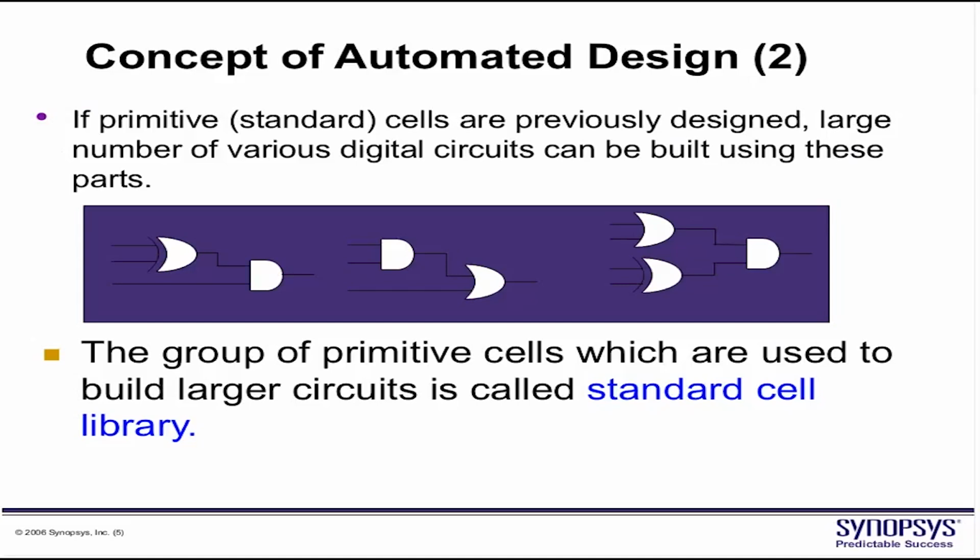That is, we have a library which contains all these cells, and we have the functional description of these cells. We have the timing specifications of these cells. We have the layout of these cells. That means everything is already designed. We could build a large number of various digital circuits using these parts. So the group of primitive cells which are used to build larger circuits is called a standard cell library.